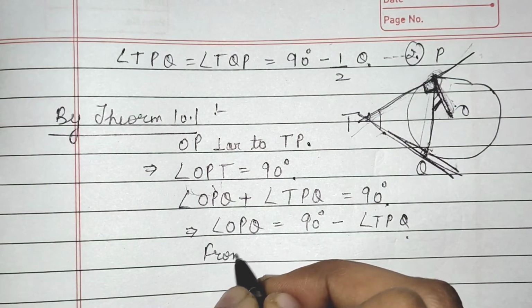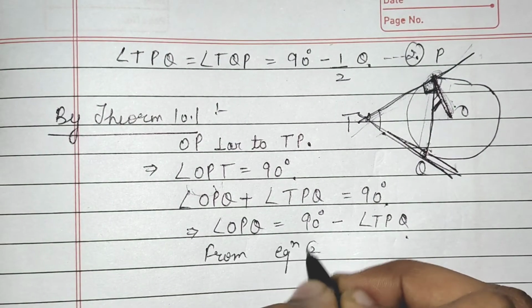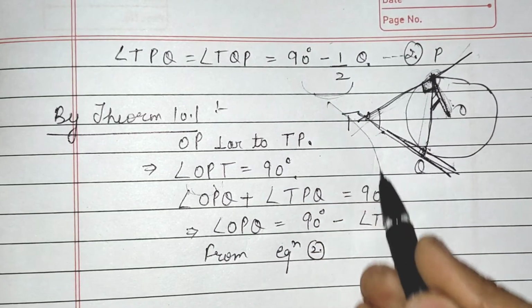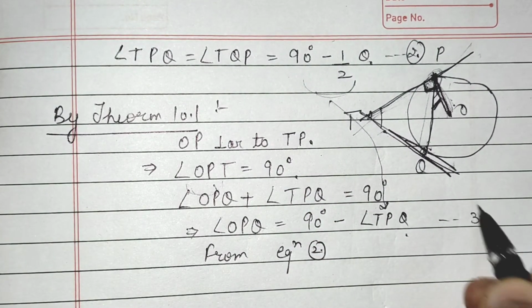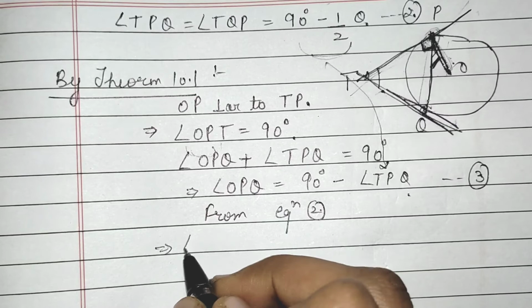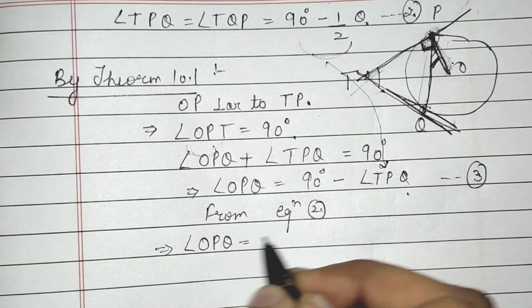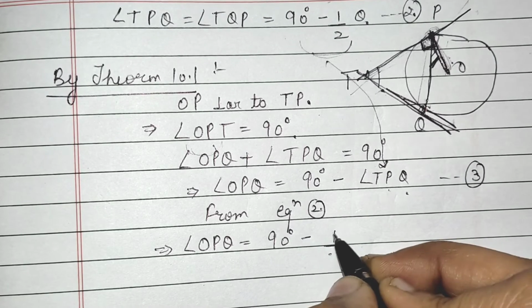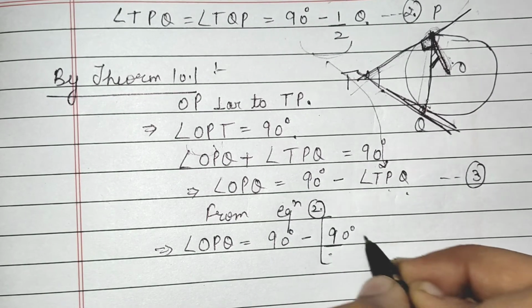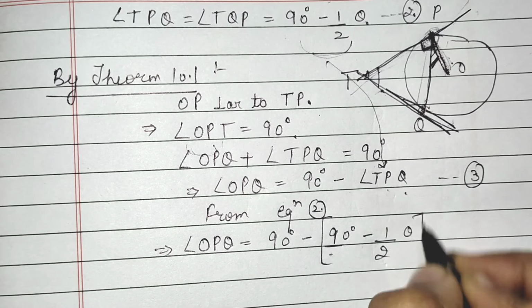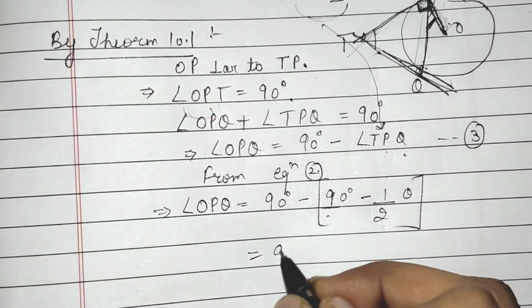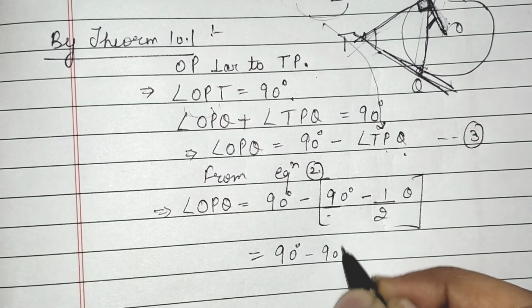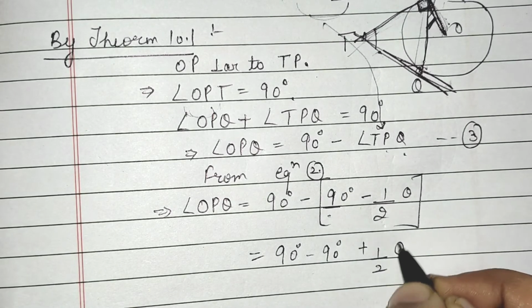So from equation number 1, if I put the value in this third equation, then what will I get? I will get angle OPQ is equal to 90 degree minus (90 degree minus half of theta), which will give me 90 degree minus 90 degree plus 1 by 2 of theta.